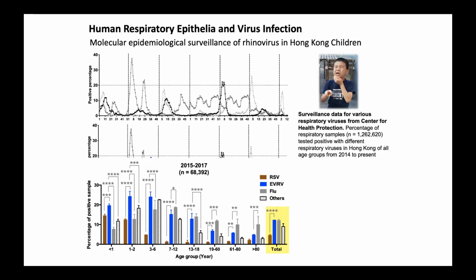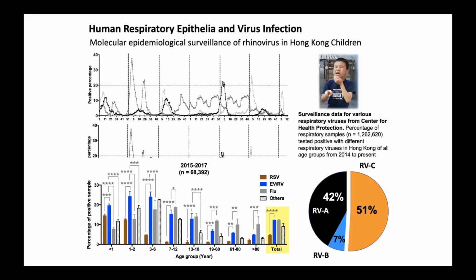So we developed different cell models. Within this enterovirus and rhinovirus group, apart from the interaction between viruses and the host, it is also interesting to look into the molecular epidemiology. In this half moon cake, 42% is rhinovirus A and 7% is rhinovirus B, which are the classical rhinoviruses, while the other half, the orange portion here, is rhinovirus C. Rhinovirus C contributes to multiple problems.